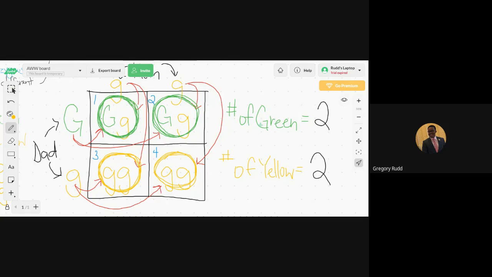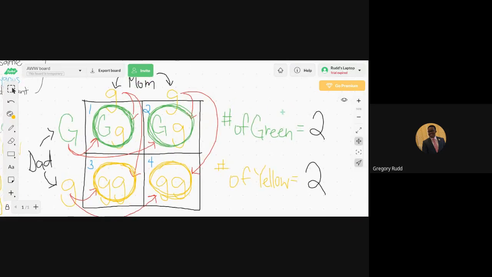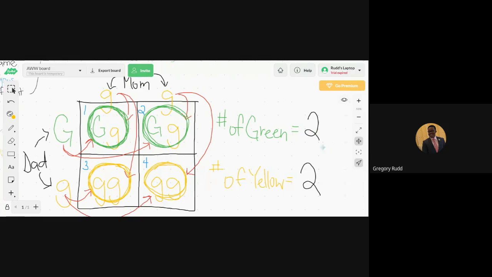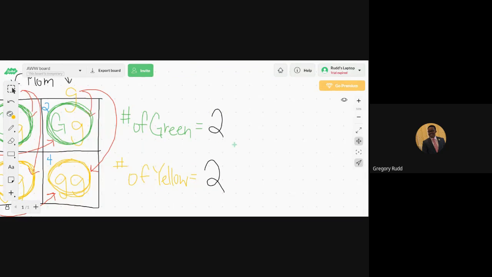So my result is that I have 2 green offspring and 2 yellow offspring. So if these 2 leaves mate, what we're saying is that 2 out of 4 of their offspring are green, or 50%.